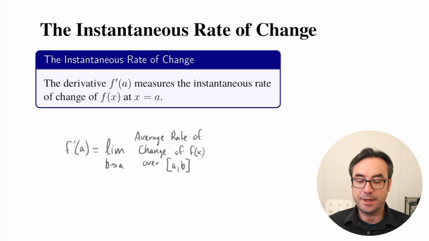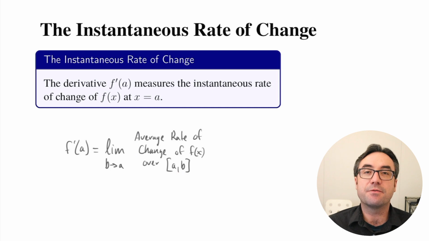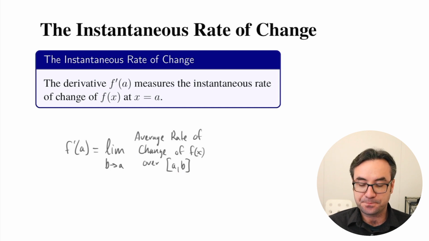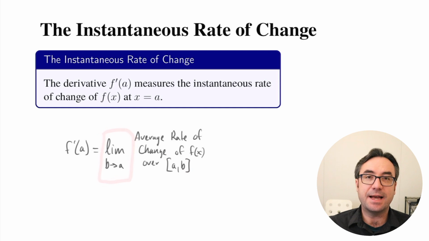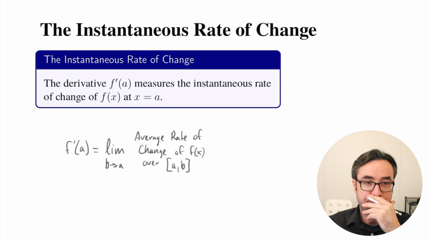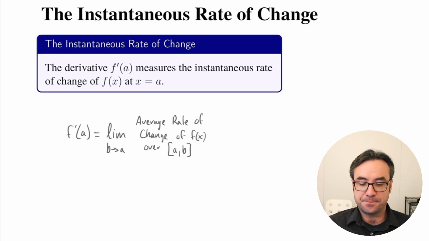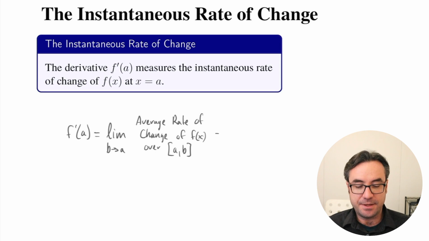And so what we're doing is, when we calculate a derivative, we're looking at the average rate of change of our function over some interval, and then we watch what happens as that interval shrinks down and gets closer and closer to one of the endpoints. And this gives us then the instantaneous velocity, or instantaneous rate of change.